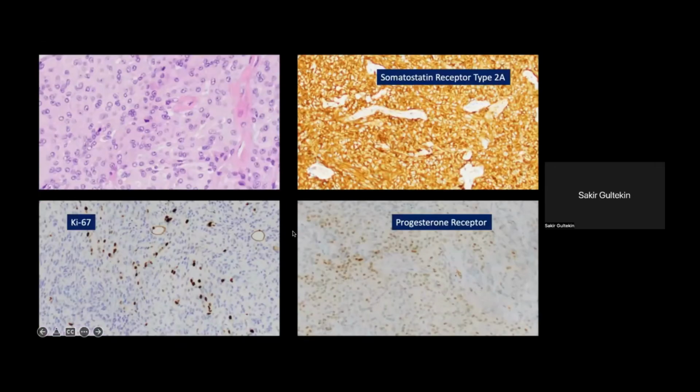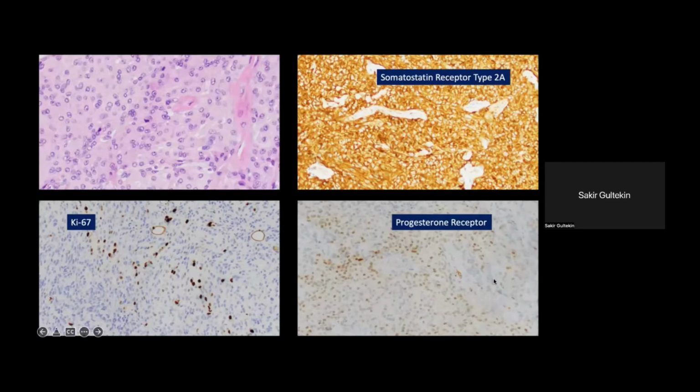Next, yeah. So there was 1 or 2 mitoses, not really high mitotic index. It is positive with the best meningothelial or meningioma marker, somatostatin receptor type 2A, which really stains all meningiomas, even atypical and malignant ones.